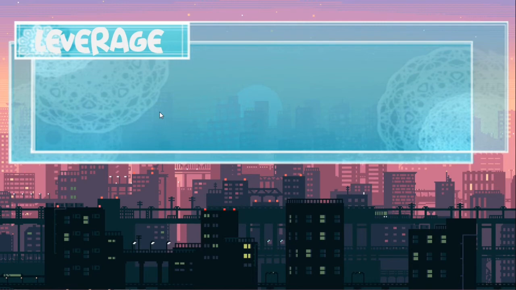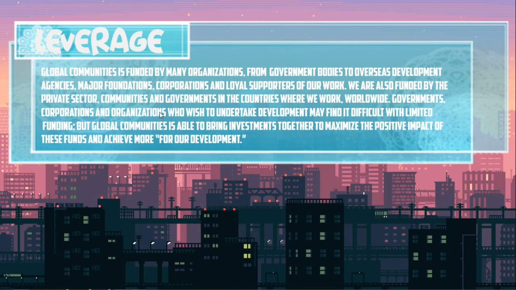Leverage. Global Communities is funded by many organizations, from government bodies to overseas development agencies, major foundations, corporations, and loyal supporters of our work. We are also funded by the private sector, communities and governments in the countries where we work.